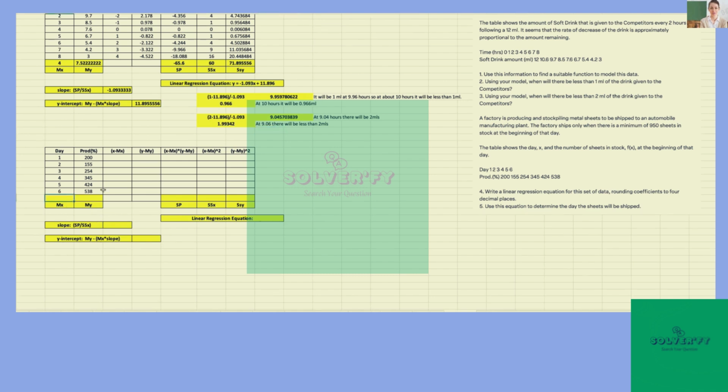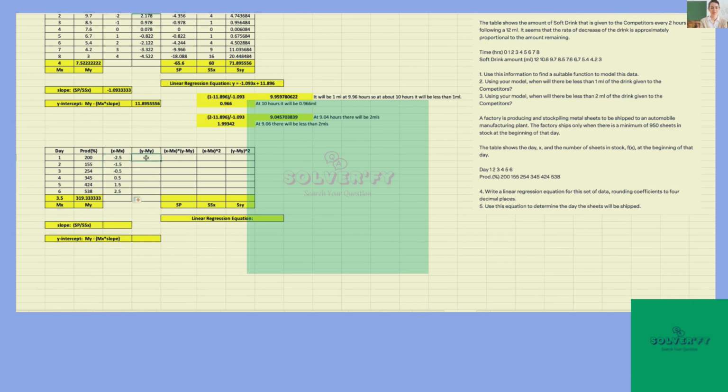All right, so I'm going to first find the mean of X, and then I'm going to calculate the mean of Y. Then I'm going to do the difference between each one of my X values and my mean of X, which is 3.5.